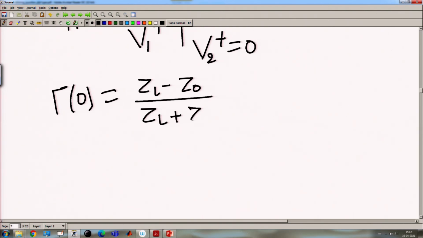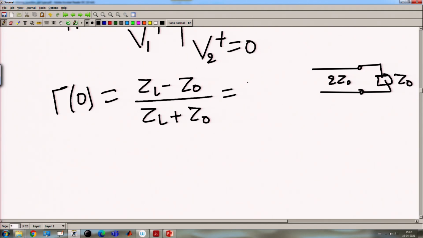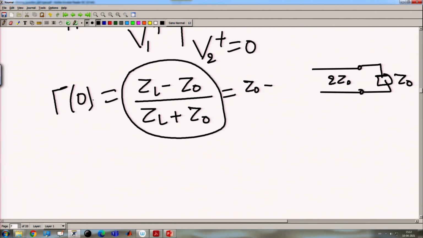For this configuration, this side is 2 Z naught and we are terminating port 2 with Z naught. So, here ZL will be Z naught, but this is the original formula.